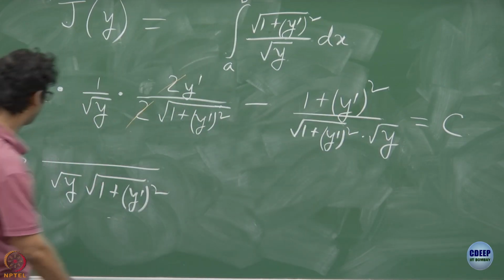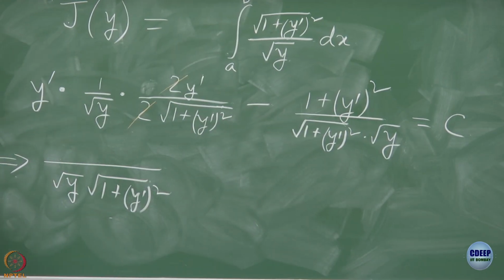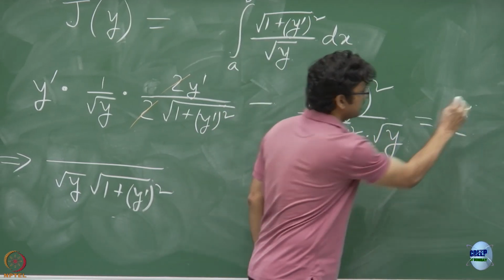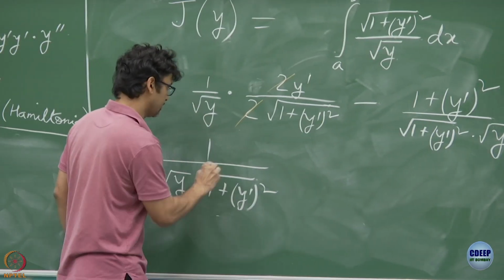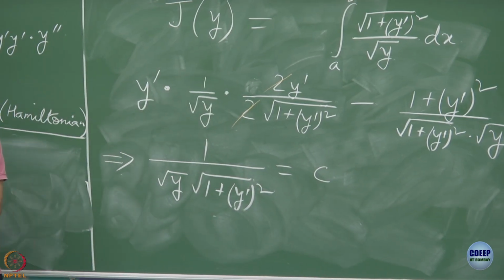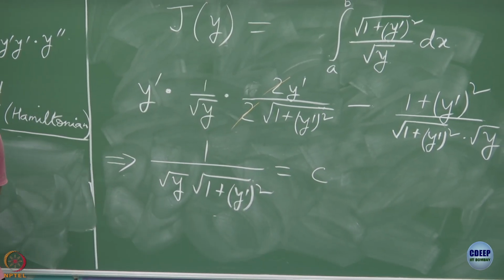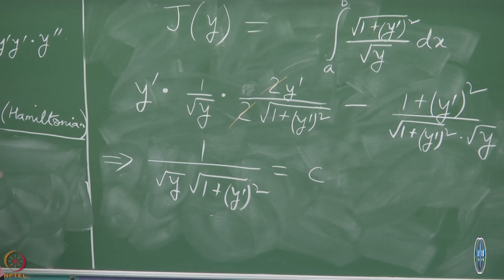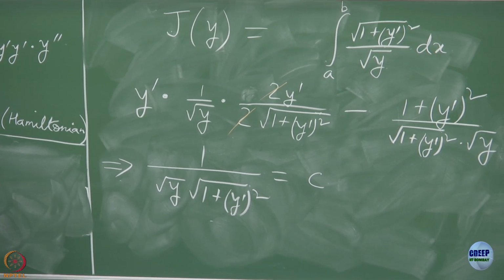So we essentially have a minus 1, but I say, look, this is just a constant after all. So let's call this c tilde, so that in the next step we can just say this is equal to c, where c tilde and c are just differing in signs from each other. So this is essentially the differential equation that you have to solve.